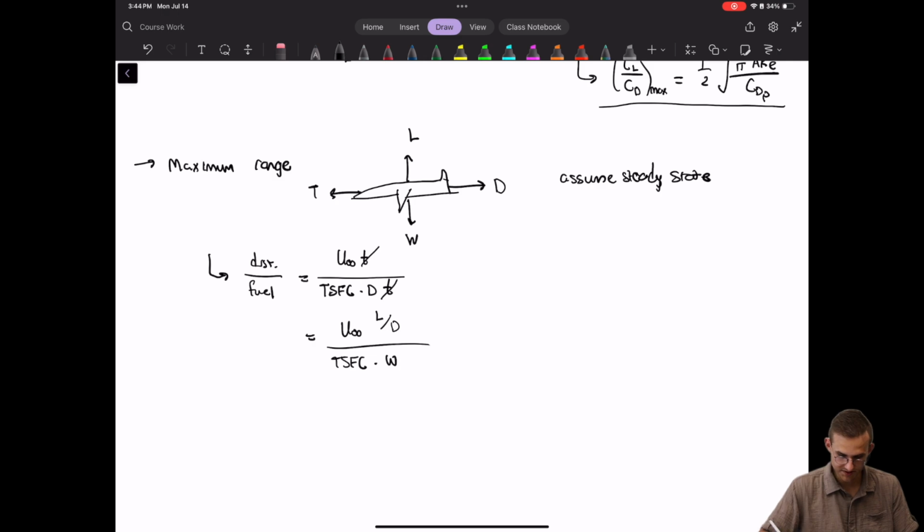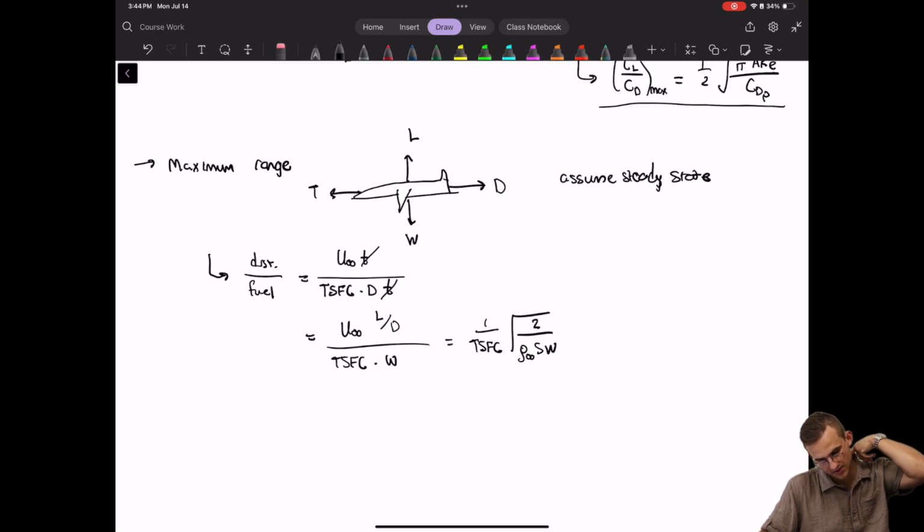And then we pull out 1 over TSFC, and some other constants here. We get 2 over rho infinity S times the weight. This is just plugging in the definitions, introducing the lift and drag coefficients, and you get CL over CD total.